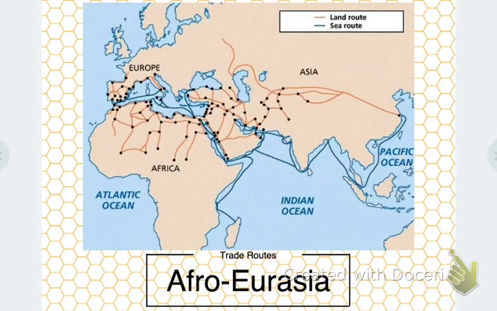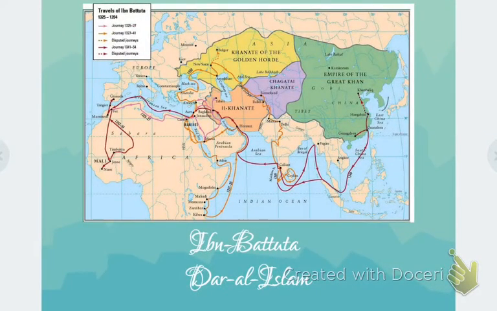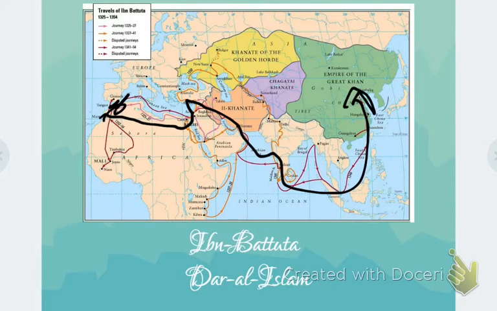Well, a prime example of Dar al Islam would be people who travel these trade routes. Now I'm going to take you to another slide, and that would be the trade routes of Ibn Battuta, which is towards the latter part of the classical era. It is broken down here. You could see Ibn Battuta started over here, went all the way down into Asia and then returned.